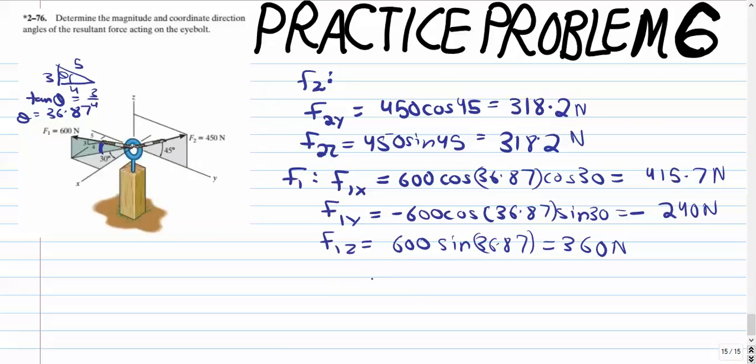Now that we have all our components for all forces and all directions, we can write both of them in their Cartesian forms. So F2 is going to be 318.2 newtons, 318.2 J plus 318.2.